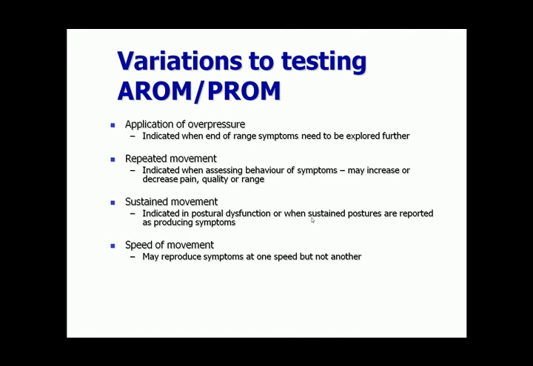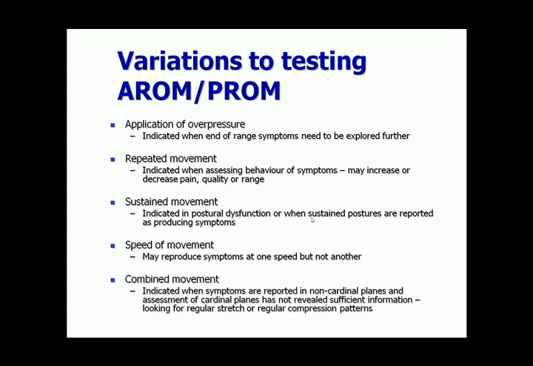The speed of movement is also important, as symptoms may come on at one speed but not another. And finally, combining movements is a good way to bring on symptoms. And this can be done when in the cardinal plane the symptoms haven't been reproduced. But if you bring on a movement in a more functional plane, the symptoms may be revealed.